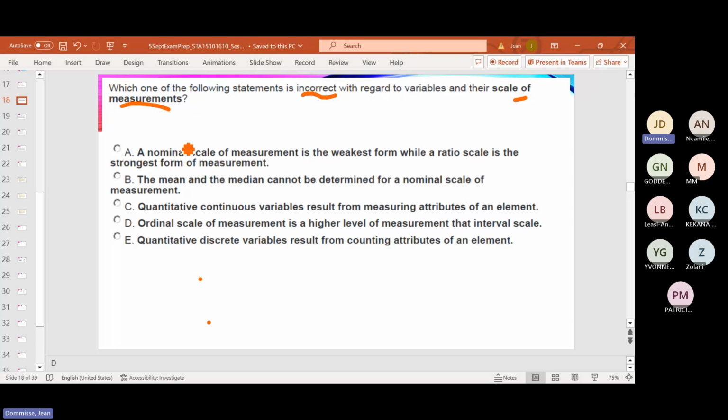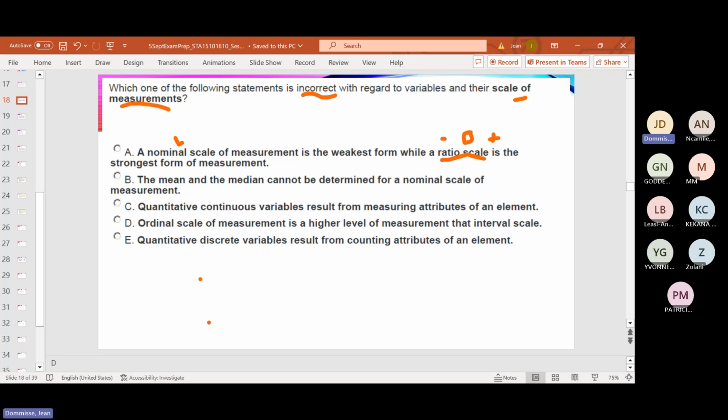So nominal is the weakest. Nominal means there's no rating. It's just like province or something like that. Ratio is the strongest because ratio has a scale that goes negative, turns to 0 and turns positive. So that is the strongest form of measurement.